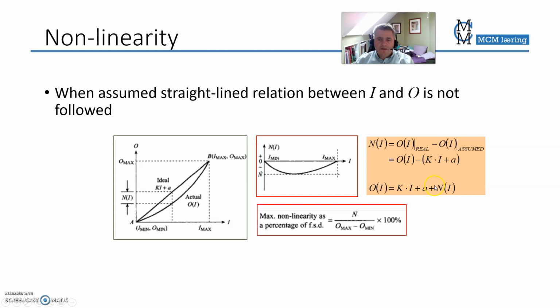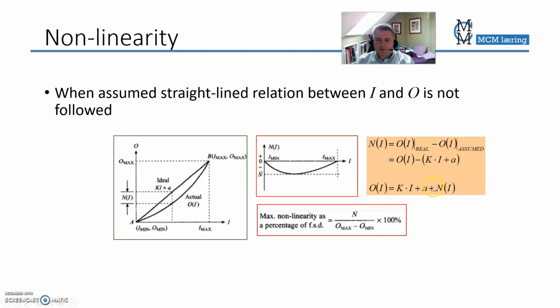Then you have some equation for the nonlinearity. Shown here in this graph is the nonlinearity alone, without the KI plus A term. But if you take that nonlinearity over to this graph, which is the full output graph, you see the nonlinearity adds to the straight line. So now you have an equation which also includes the nonlinearity.